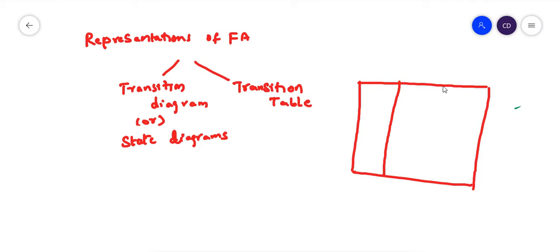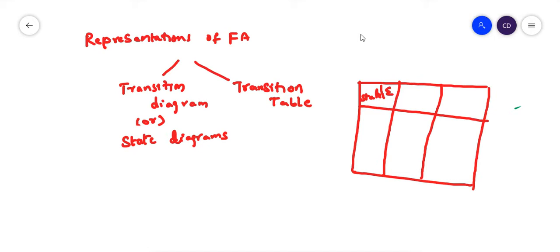It will consist of things like states and input symbols, so we have 3 columns. The states can be represented here and then you can take your input symbols.